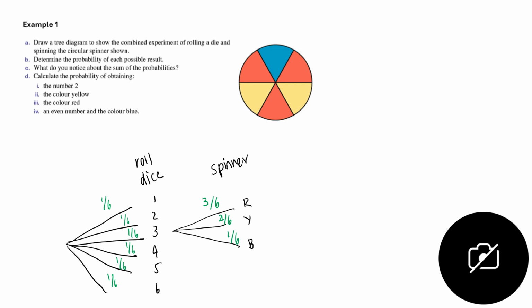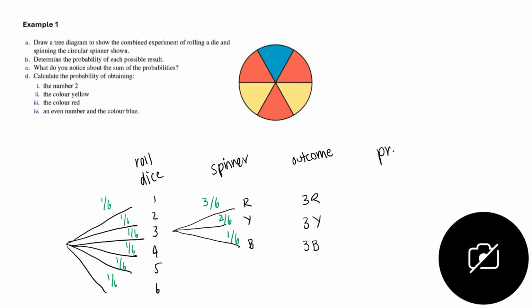So again, I'm just going to go off this one here that I've made. So I'm only going to have 3 outcomes here just to show you that example, but you're going to have all 18 when you do yours. So in this example here, when I roll a 3, I can either have 3 red, 3 yellow, or 3 blue.